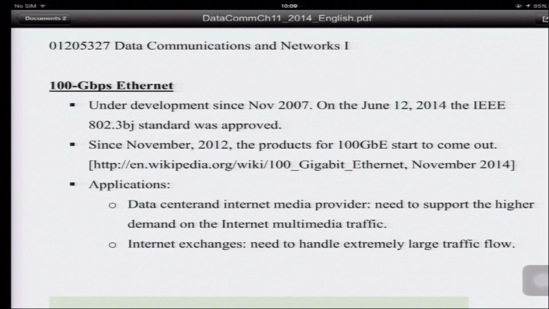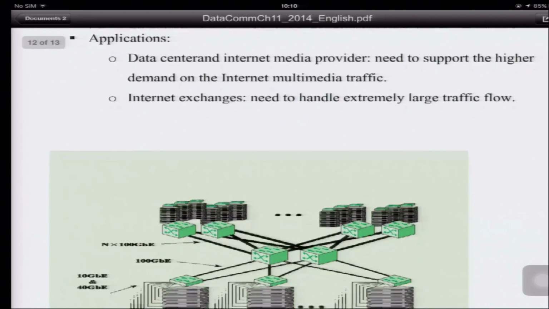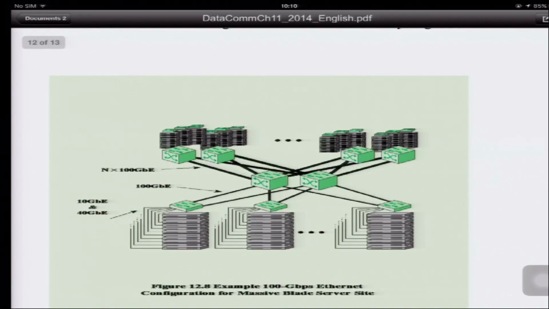As I told you before, the IEEE 802.3 standard was approved in 2014, and products started to come out in 2012. The applications are for data centers and internet media providers. There is very high demand for multimedia traffic through the internet, so you can handle extremely large traffic flows.